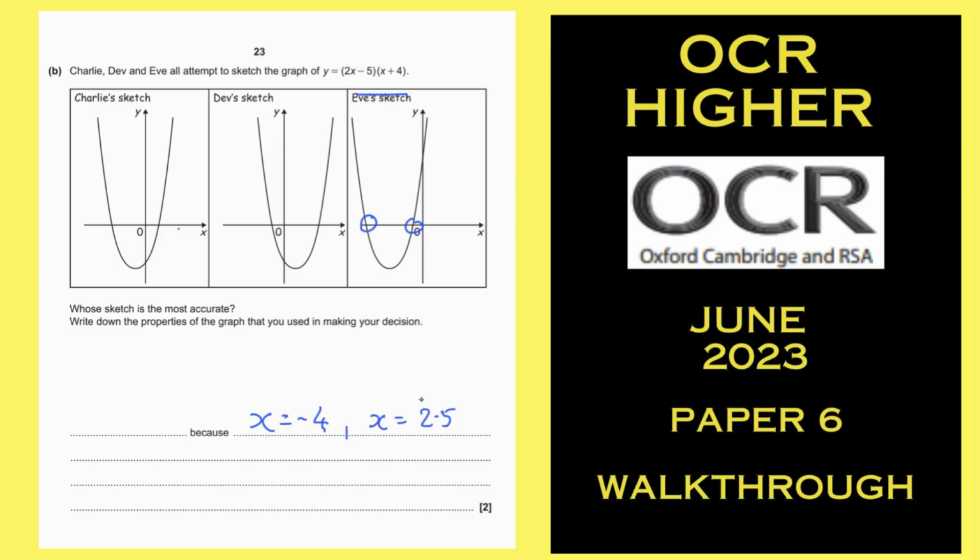As you can see on Dev's sketch, whatever value there, it's closer. That distance there is smaller than that distance there. That's why Charlie's sketch is definitely the most accurate, and I would put x equals minus 4, x equals 2.5. They are closer to the values they've used for the solutions, or any words or phrases you prefer to that effect.